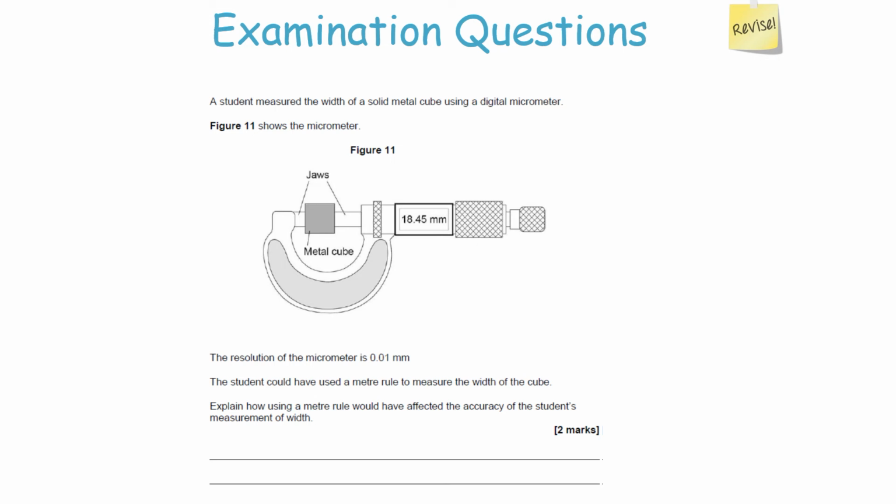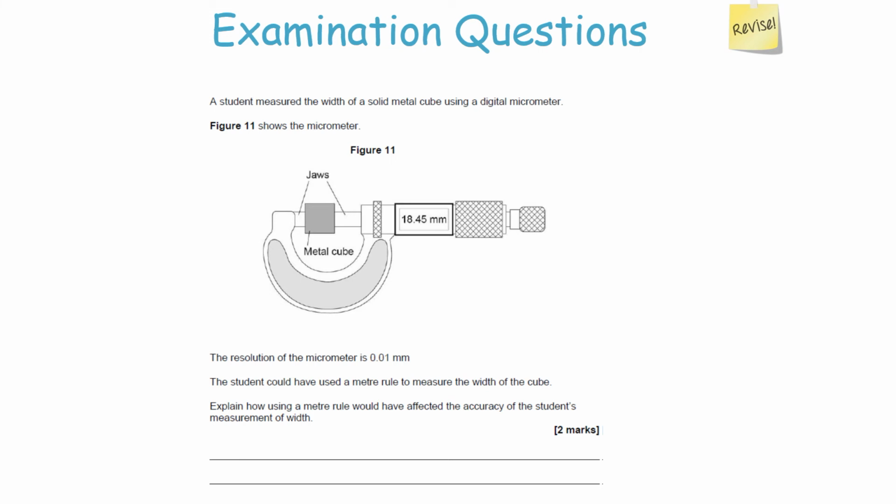Right, so what links into accuracy here? Well, it's the idea of the resolution of our micrometer compared to our ruler. Now, you should always link resolution to accuracy in the following idea: if you've got a higher resolution, which means you can measure to more decimal places, your value is more accurate.